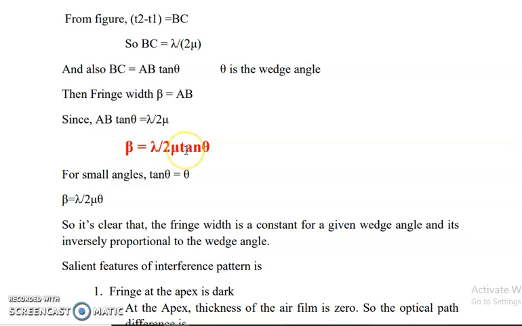We have already assumed that the wedge angle theta is very small, so tan theta is approximately equal to theta, and beta can be written as lambda divided by 2 mu theta. So the fringe width of the obtained interference pattern will be equal to lambda divided by 2 mu theta, where lambda is the wavelength of the light used, mu is the refractive index, and theta is the wedge angle.